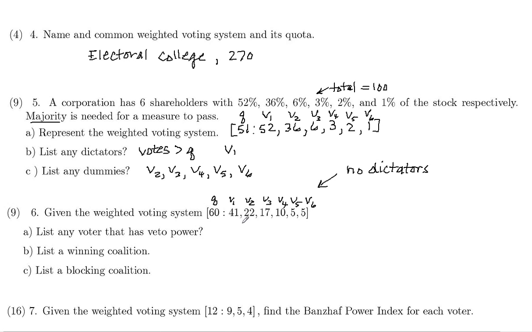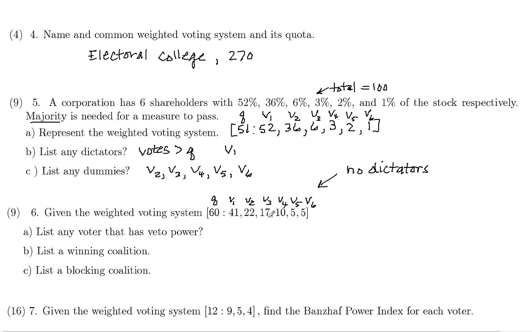Well, let's see, if 41 and 22 put theirs together, they've got more than the 60. And if you lacked one of their two votes, then a measure wouldn't pass. So those guys aren't dummies.